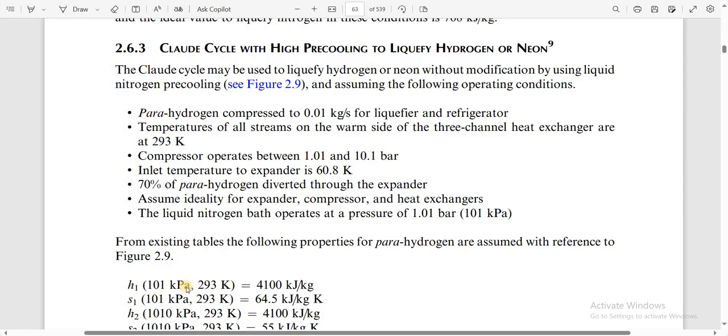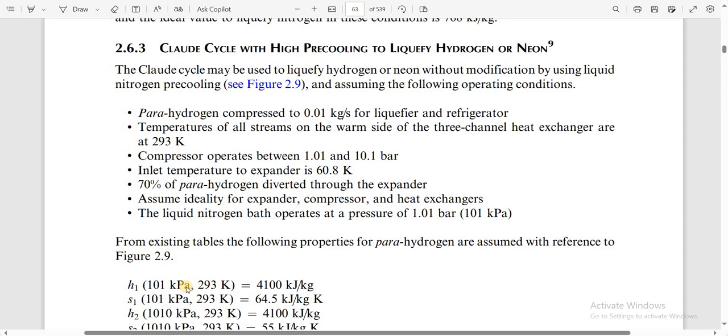Carnot cycle with high pre-cooling to liquefy hydrogen or neon. Oh my god, so to liquefy hydrogen is, I think, a bigger task. The Carnot cycle may be used to liquefy hydrogen or neon without modification by using liquid nitrogen pre-cooling, 2.9, and assuming the following operating conditions.